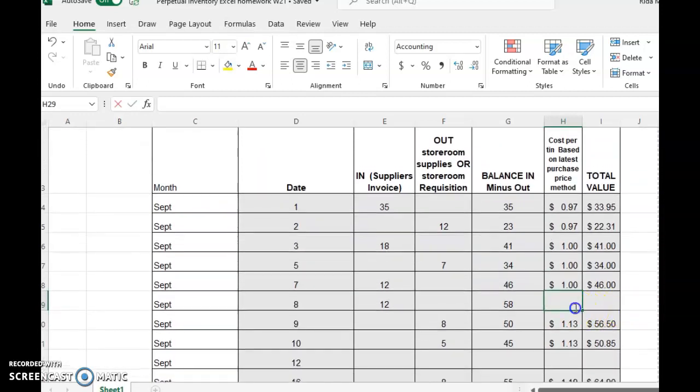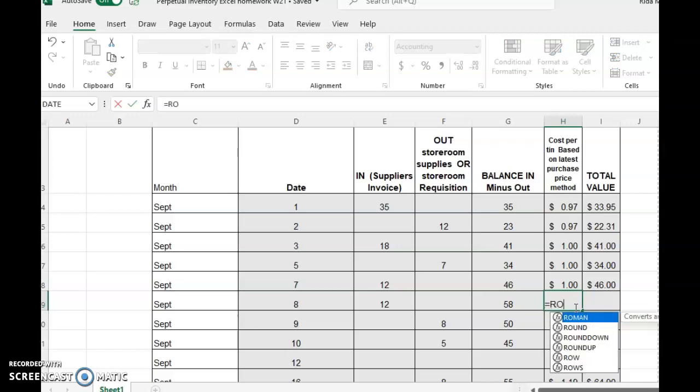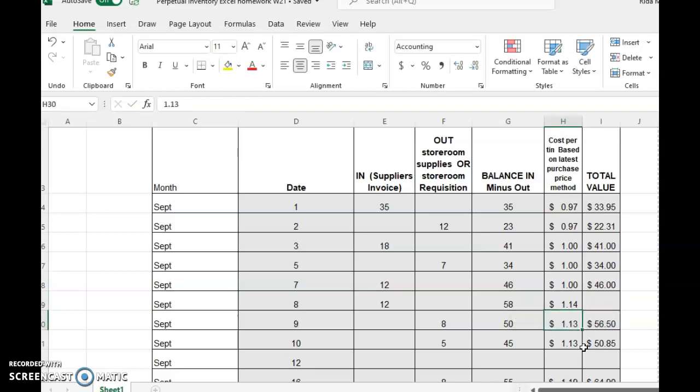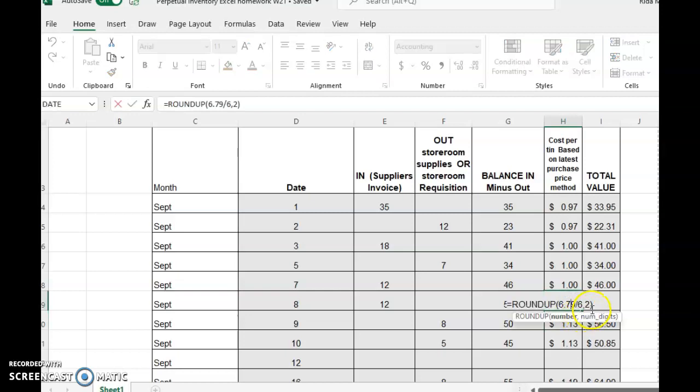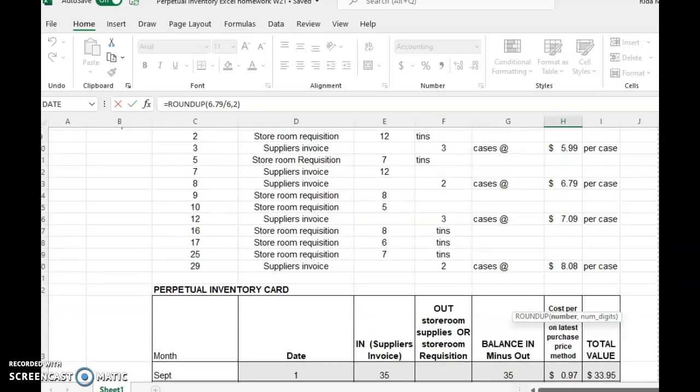So we would do equal to round up, $6.79 divided by 6, comma 2 to do the round up, and close brackets and enter. We get 114 as our value. 79.